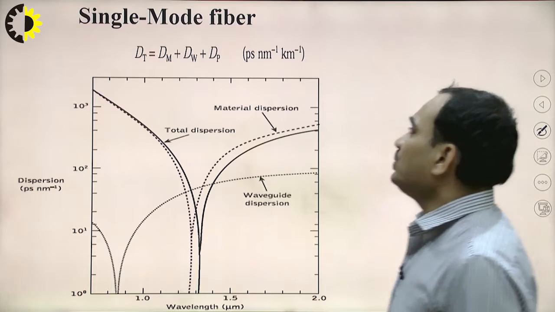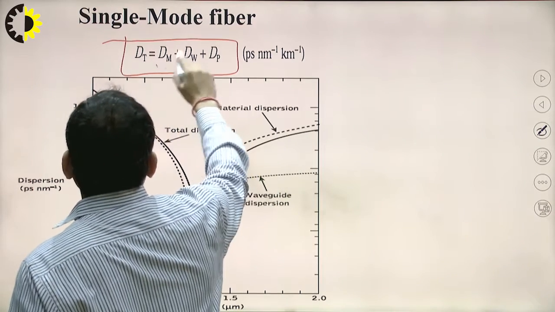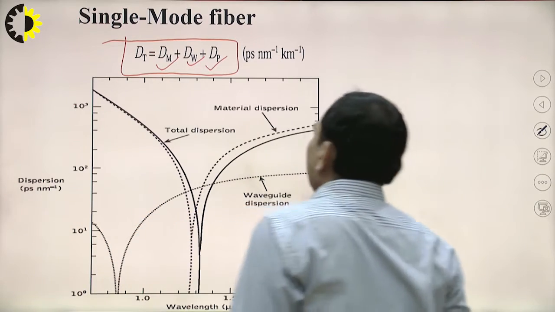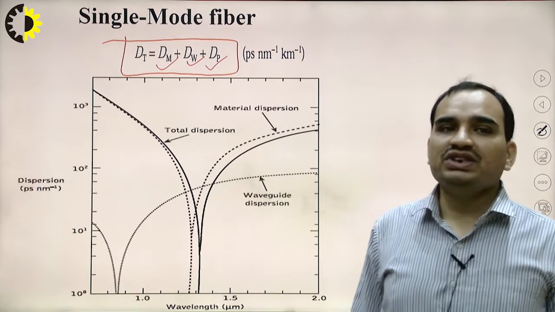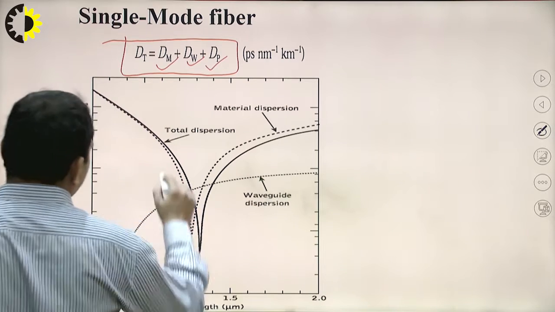Here we have the total dispersion, which is the material dispersion, waveguide dispersion, and the profile dispersion Dp, and the unit is picoseconds per nanometer per kilometer. The total dispersion has its minimum at 1300 nanometers.